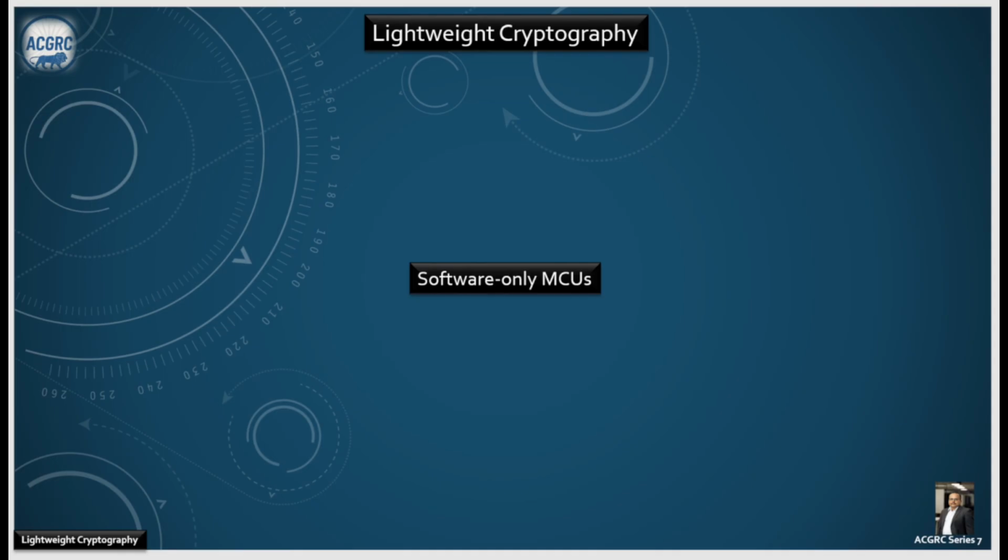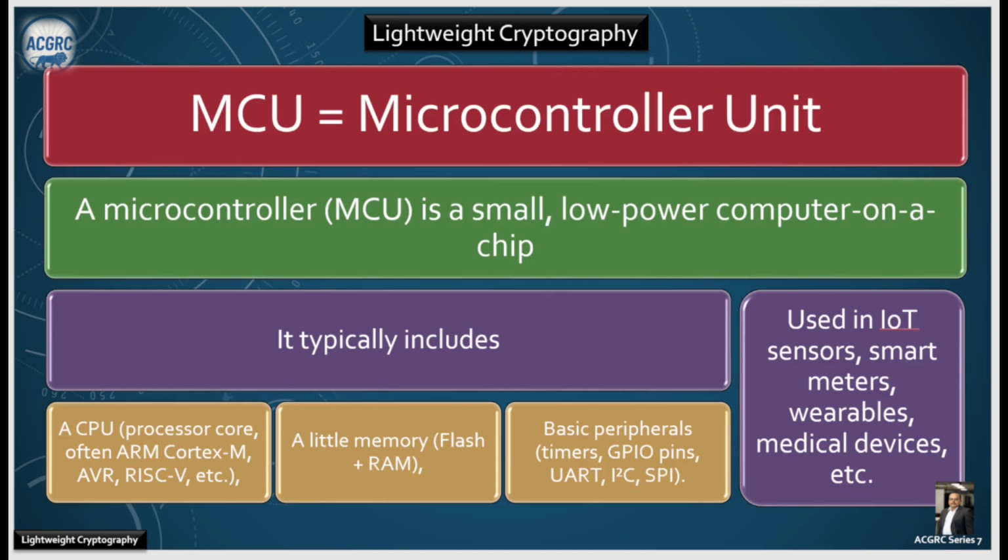Now, what are software-only MCUs? But what is an MCU in the first place? MCU stands for microcontroller unit. A microcontroller is a small, low-power computer on a chip. It typically includes a CPU, a little memory, and basic peripherals.